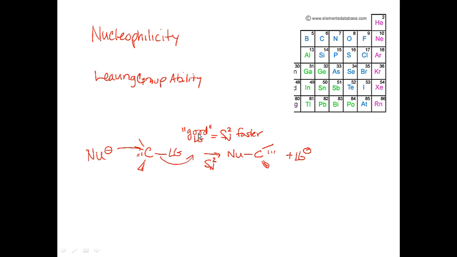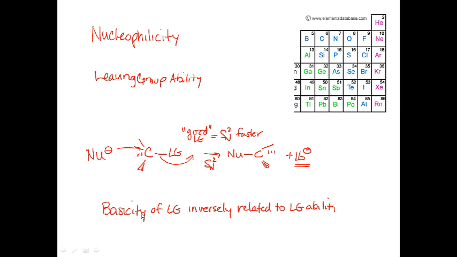So what factor goes into leaving group ability? And I'm starting with leaving group ability because there's simply one factor that goes into making a good leaving group, and that is the idea of the basicity. So the basicity of the leaving group, in other words, when it's over here, what kind of base is it, plays an important role, and the basicity is then inversely related to leaving group ability.